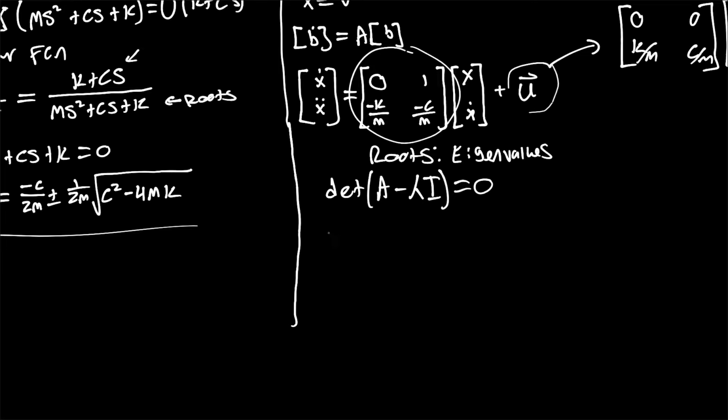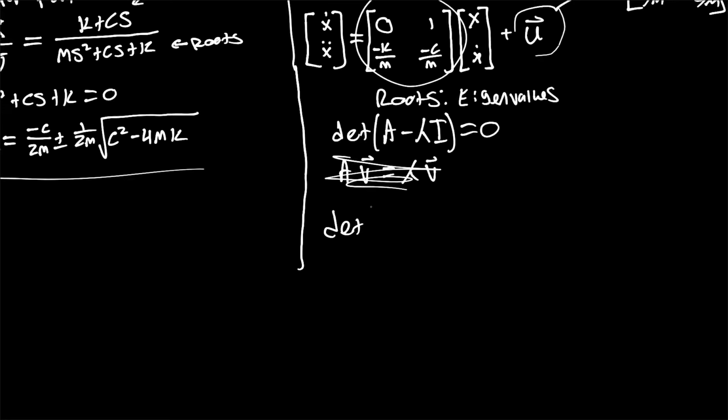The actual eigenvalue problem is something more to the tune of A times some vector equals eigenvalue times that vector. But we're not actually solving the eigenvalue problem, we're just solving this determinant. Therefore, we're solving the determinant of our system matrix minus lambda I. So that'll be minus lambda, 1, negative k over m, and negative c over m minus lambda.